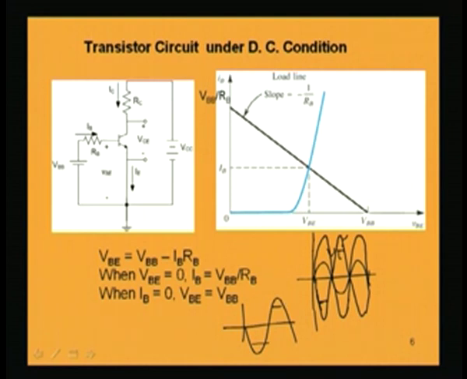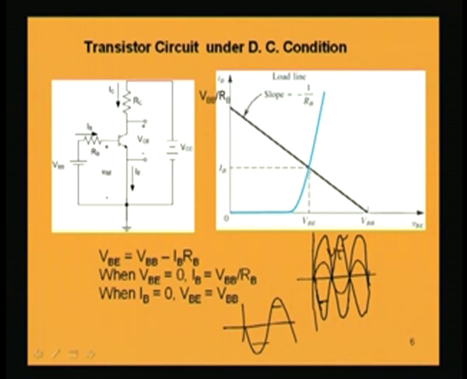And to ensure that, one point is important: we must properly bias the transistor. So, the transistor must be biased properly, which means we have to look again into the DC conditions prevailing. So, I again consider the DC circuit which biases the transistor in the active region. If I consider the input circuit and draw the load line, this is the input circuit DC biasing point.